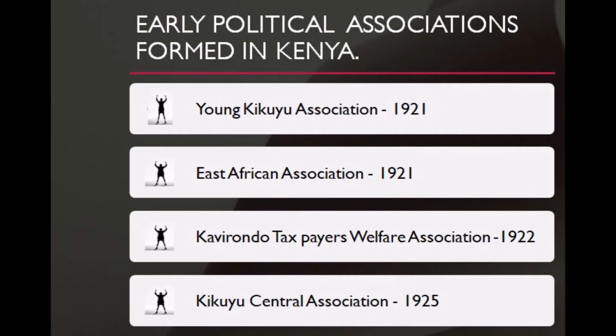One year later, in 1922, the Kavirondo Taxpayers Welfare Association was formed. And three years later, in 1925, the Kikuyu Central Association was formed. Many of these associations were regional, and they involved a few communities in each region.